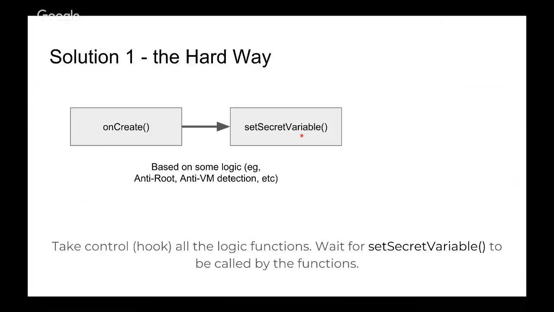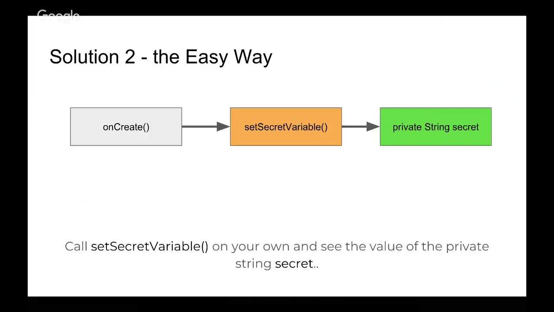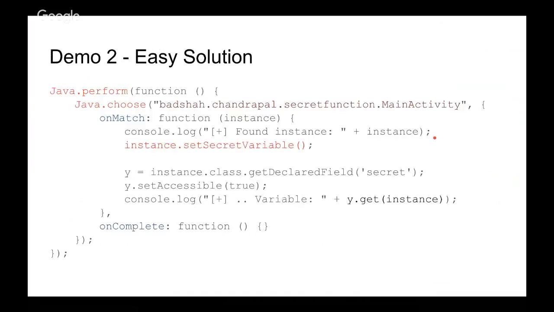If you're dealing with a packed app or a huge app where you have calls from many places, you will get confused easily. The easiest method would be to just call this function instead of waiting for other objects or functions to call it, and then see what exactly is in this private secret. So that is going to be our next demo. This will be the easy solution.